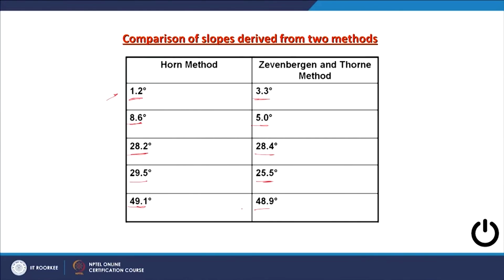But when you probe these slope products generated using different methods on an individual cell basis, the slope values may vary very largely, especially at the lower end of the slope.